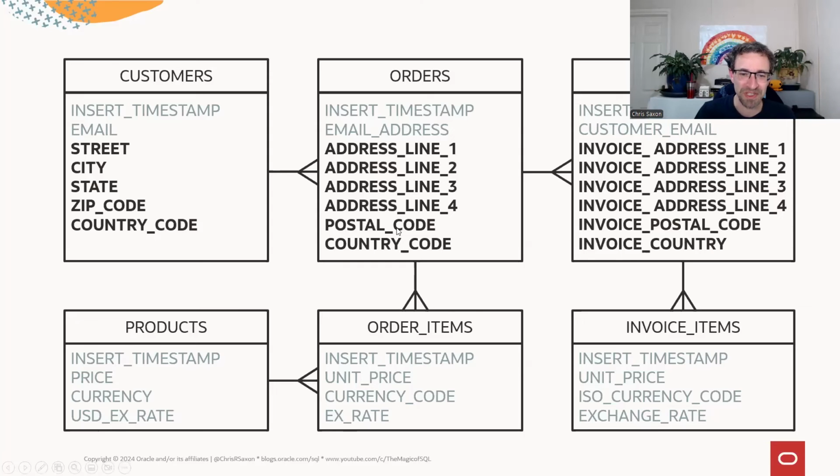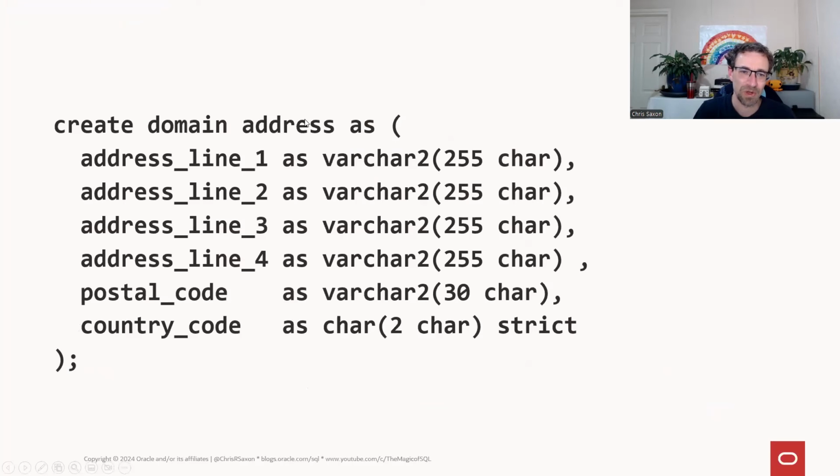We want to be sure, if this is a US postal address, that the zip code is a US zip code, it's the numbers. If it's a UK postal address, it's the rules for the UK postal codes and so on. So we could try and create one domain, just a giant address domain, and then have check constraints for the postal code and other parts like that. This quickly gets very, very complicated, right?